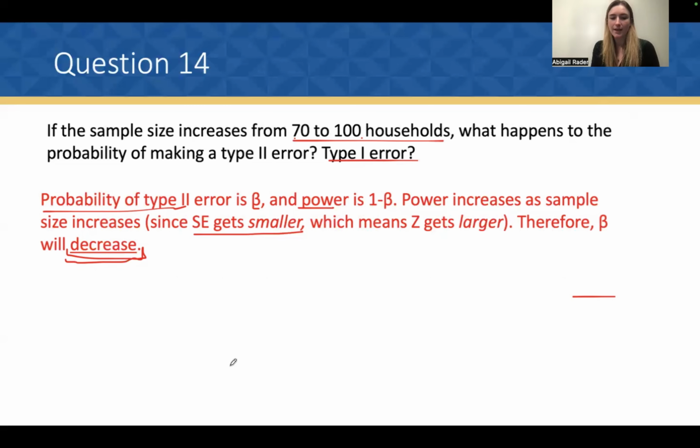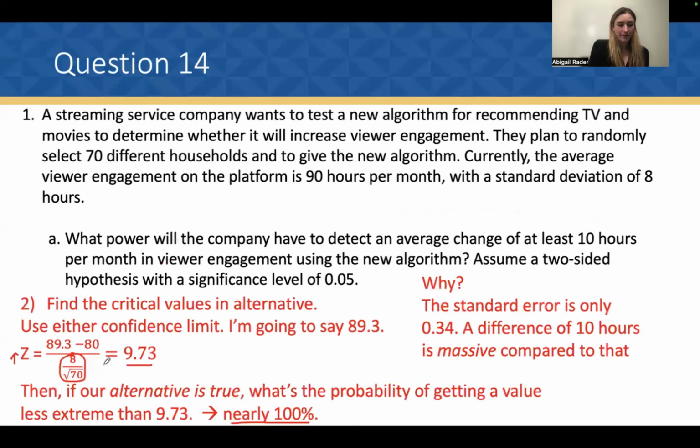If our n, which is on the bottom here, gets super, super big, then this value up here can get really, really small, because the sample size is in the denominator of this formula that's also in the denominator. So if it gets really big, it's going to make this z bigger as well. So just because something is statistically significant doesn't mean that it's clinically significant.